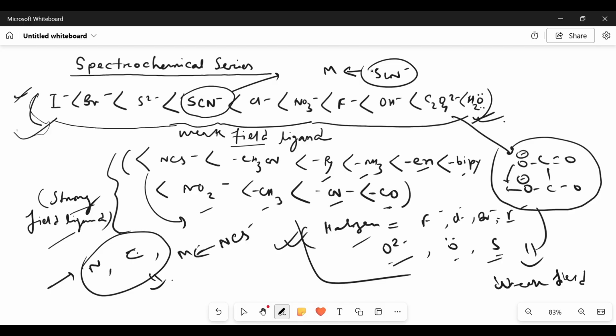In case of thiocyanate, the sulfur atom, and in case of isothiocyanate, the nitrogen atom. In case of CH3CN, carbon will be coordinated with the metal atom.